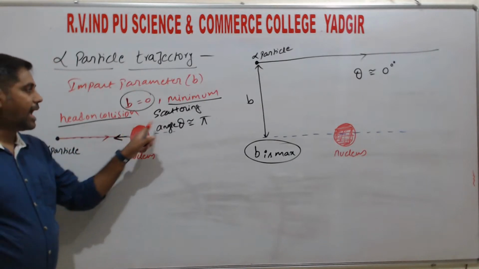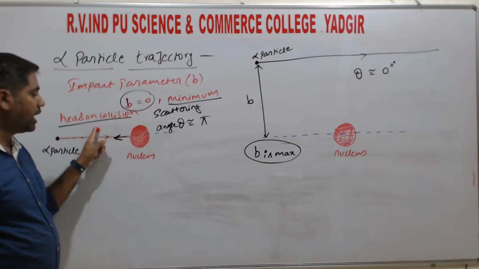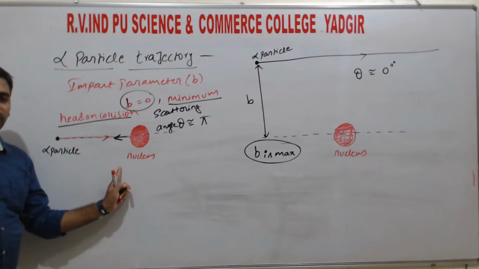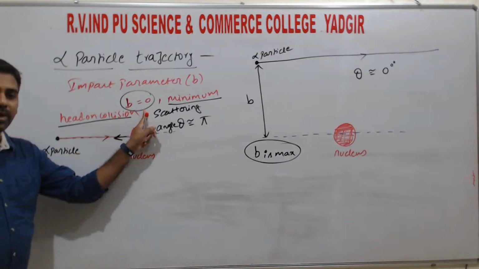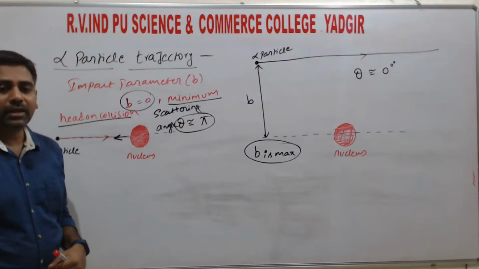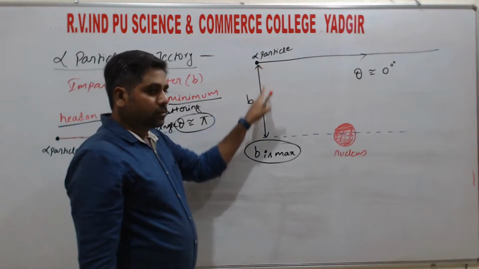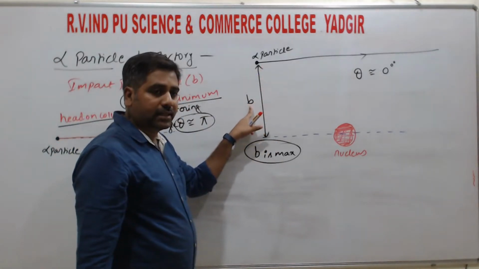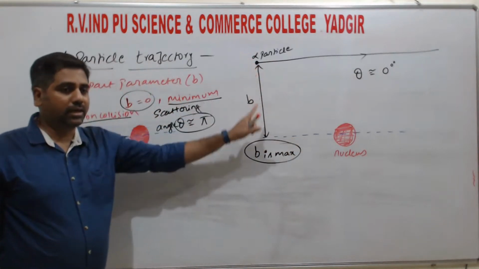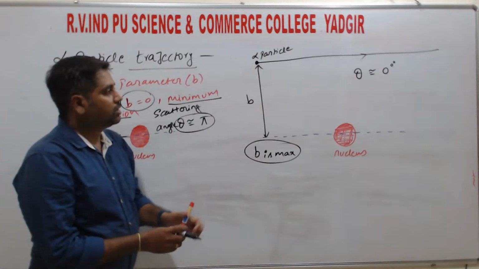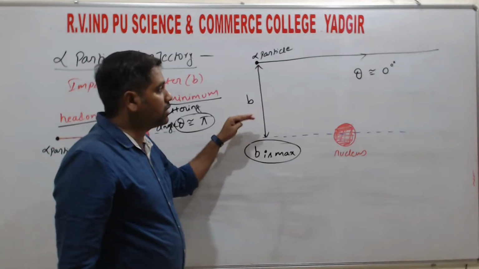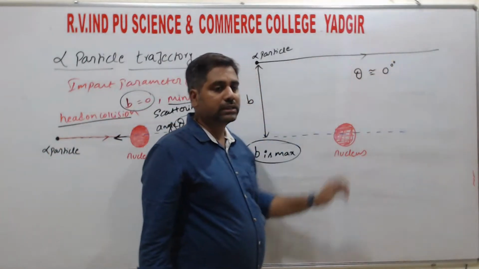So one, when the impact parameter is minimum, that is during head-on collision, the alpha particle is along the axis of the nucleus, then its b value is minimum, then the angle of scattering is 180 degree. So for the maximum perpendicular distance from the nucleus to the alpha particle, that is b, this one is the largest distance, the impact parameter is maximum. For that reason, here there will be no scattering.